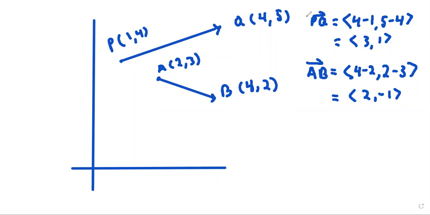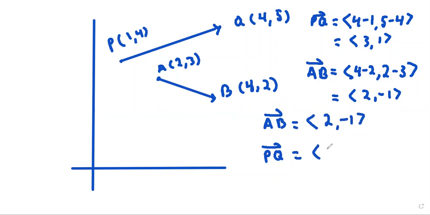Now let's say we wanted to add vectors PQ and AB, and that sounds a little weird because how do you add arrows? If we were to add these two segments, let me write this over here. AB and PQ. And of course, AB is just this one here, 2, minus 1. And PQ is 3, 1.